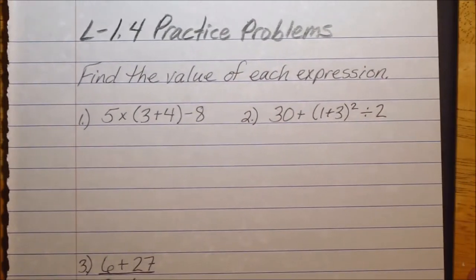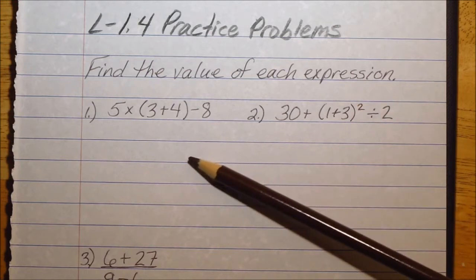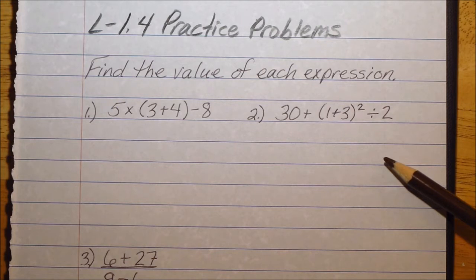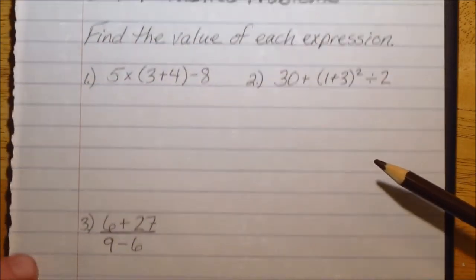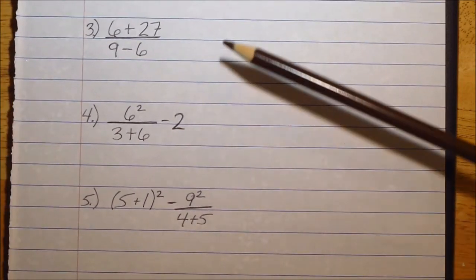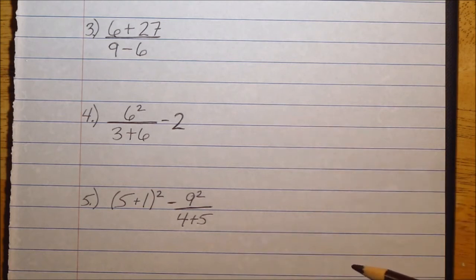Here we go. Find the value of each expression. The first two are ones just like we did in our notes. They have a variety of different operations in them, so a variety of different steps. But the grouping symbols are both parentheses, so you'll have your PEMDAS triangle working here. And then down here, 3, 4, and 5 have fraction bar grouping symbols, so those will be worked out horizontally.